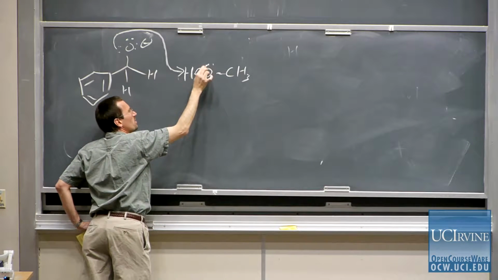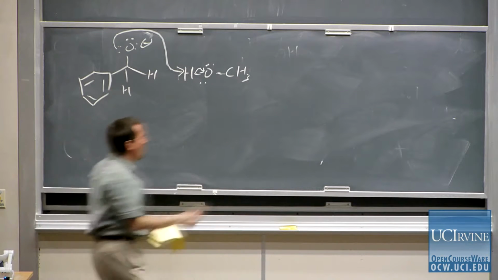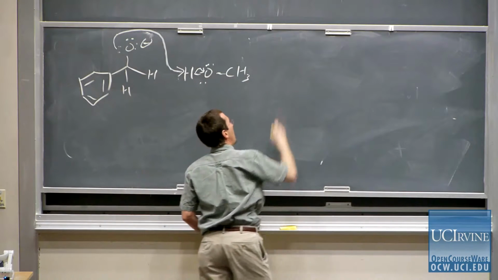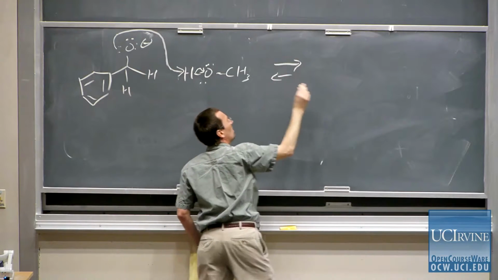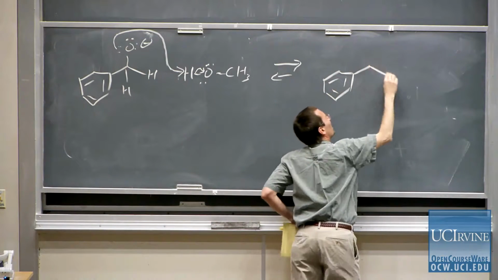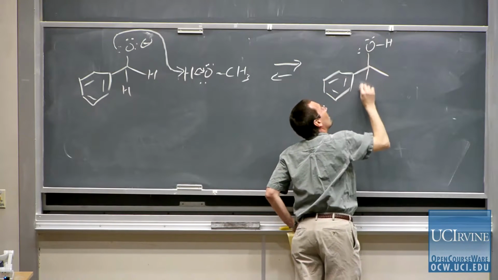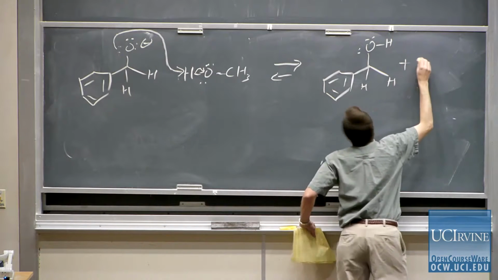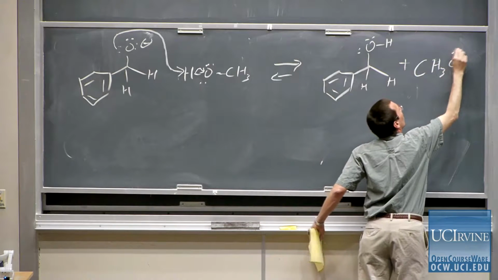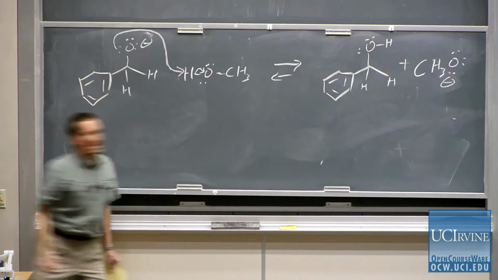We put electrons back onto the oxygen, and after all is said and done in this equilibrium reaction, now, driven by the mass action of having so much methanol in it, now we have our alcohol and methoxide anion.